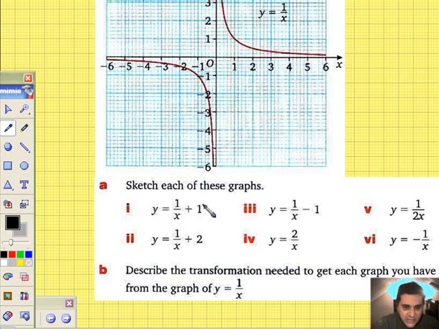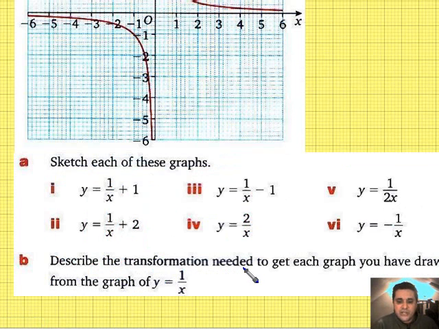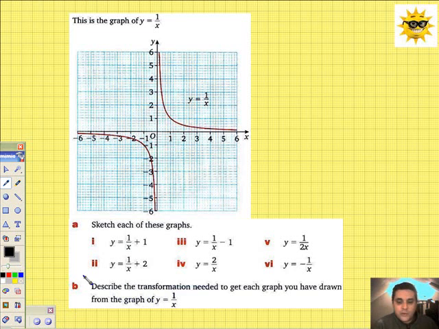So what we're going to do is sketch each of these graphs here, y equals 1 over x plus 1, etc. So it's 6 graphs, 6 little sketches, and in each case we've got to describe the transformation needed to get each of these graphs from the original graph of y equals 1 over x.